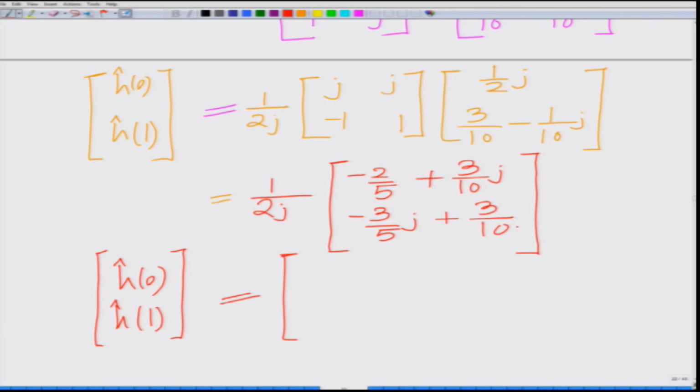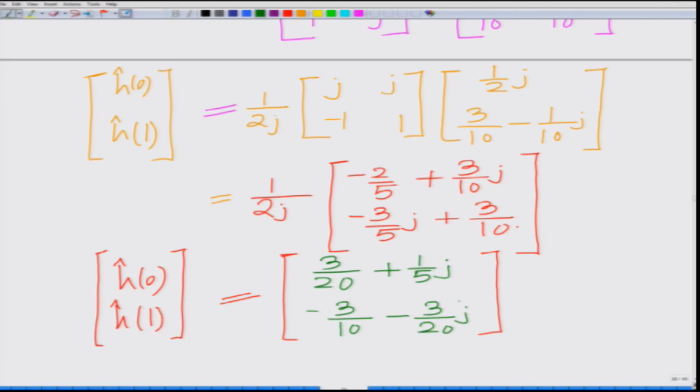Okay. And therefore, what I have over here are the estimates of the channel taps in the time domain, which is basically 3 over 20 plus 1 over 5 j, minus 3 over 10 minus 3 over 20 j.